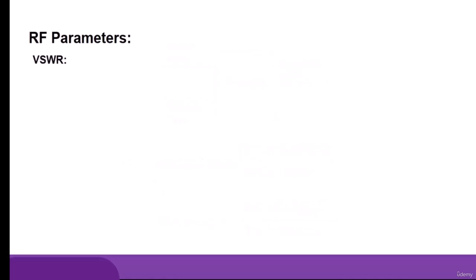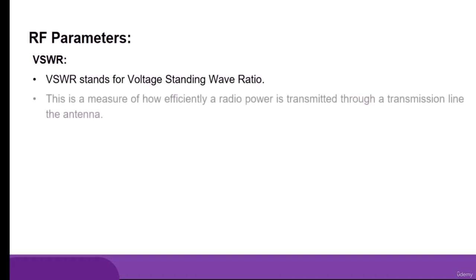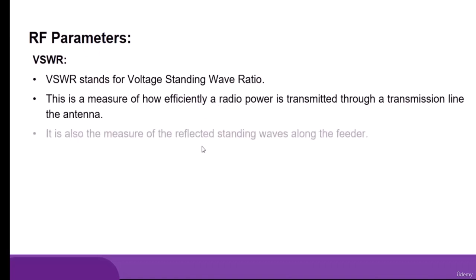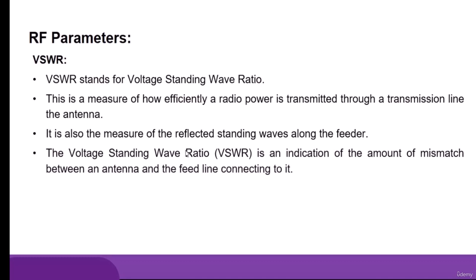This is the VSWR. The VSWR stands for voltage standing wave ratio. This is the measure of how efficiently the radiated power is transmitted through the transmission line or the antenna. It is also a measure of the reflected standing waves along the feeder.